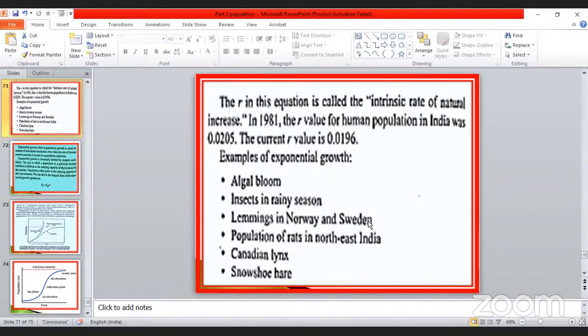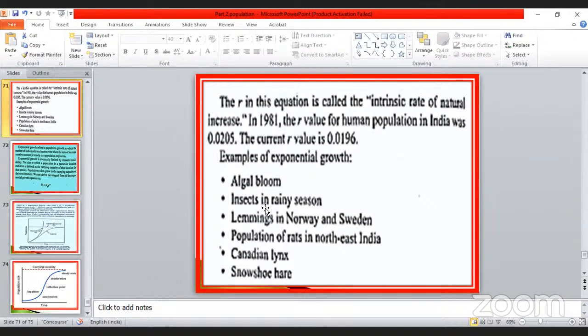Lemmings of Norway and Sweden, because this is another category. Population of rats in northeast India. Okay. Rats in northeast India. So many things there. Canadian lynx and snowshoe hare. These are the examples of exponential growth. Okay, sometimes they may ask the questions. Which one, you know?